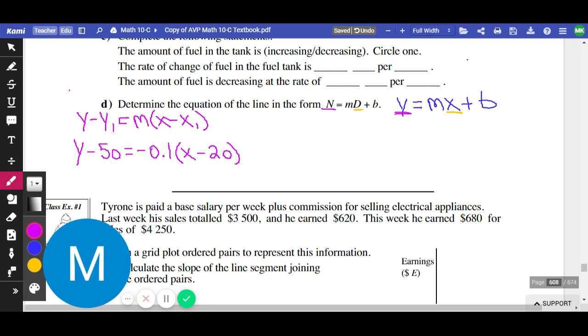Now I want to change it to be slope-intercept form because that's what they asked for. Slope-intercept form has y by itself. The first thing we always do is expand that. So we're going to multiply that into the brackets. That gives me y minus 50 equals negative 0.1x plus 2.